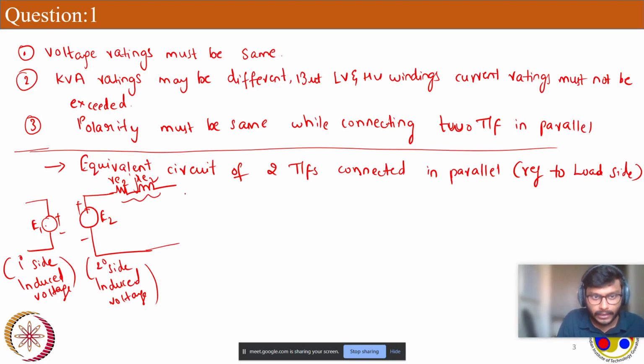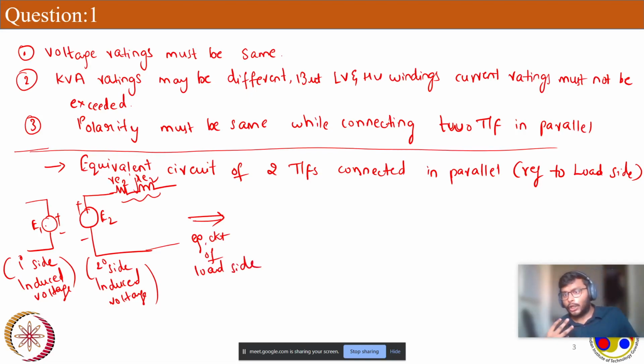So let's see the equivalent circuit of my load side. What do we have in the load side? We have two windings which will have two induced voltages. Let's say I'm calling them EA and EB. EA is the induced voltage in my first transformer of the secondary side.